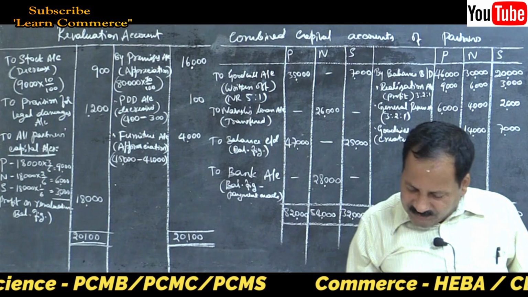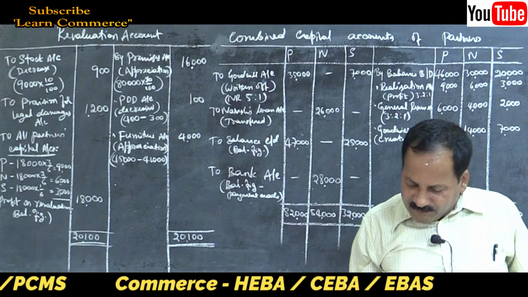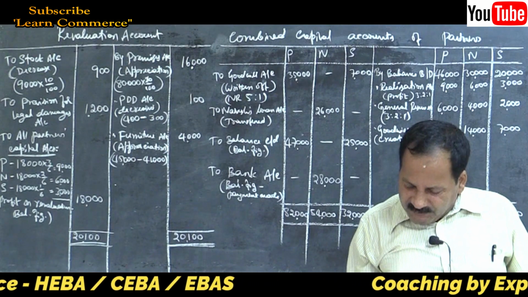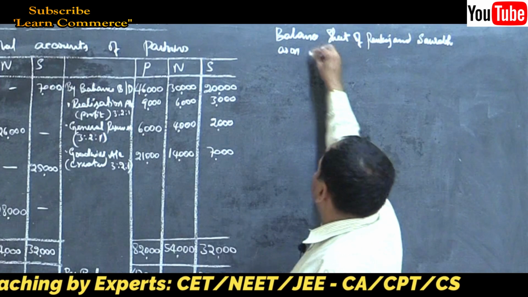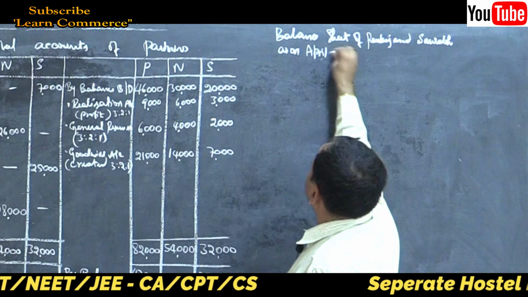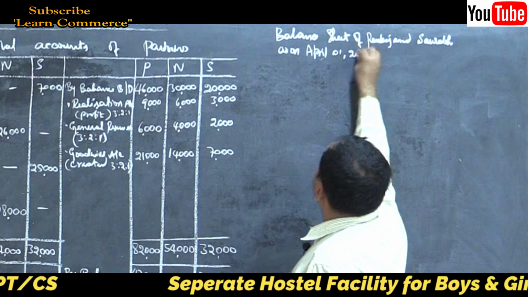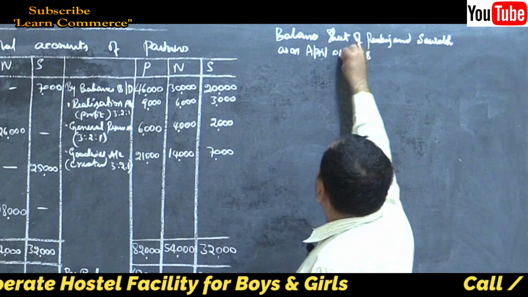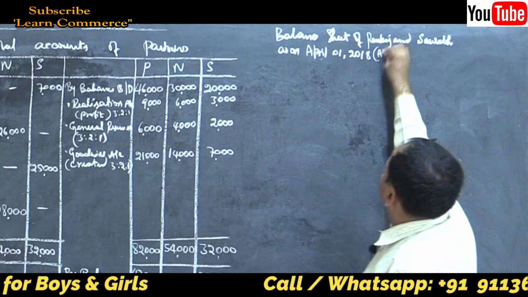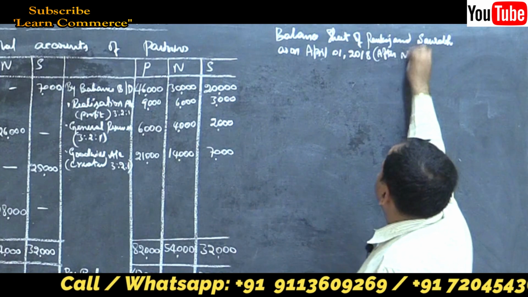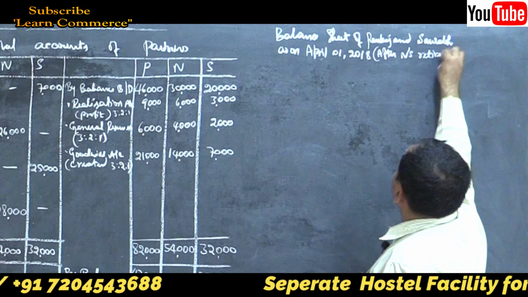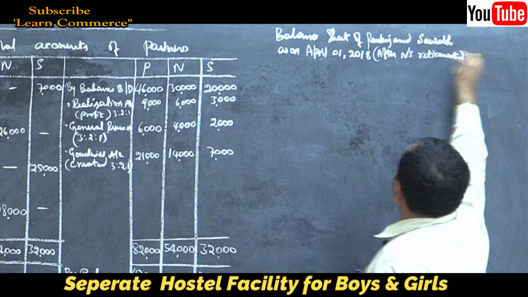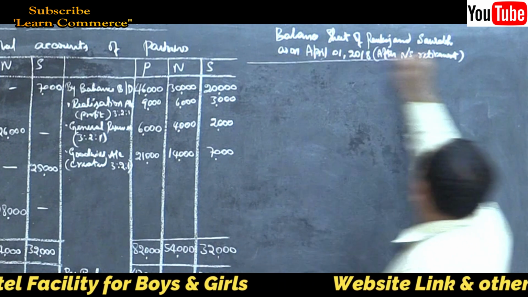Naresh retired from the firm. The date of the balance sheet was 31st March 2018. So 1st April 2018. Right here, within brackets, after Naresh's retirement. I wrote N, you just write Naresh. Naresh's retirement. Yes.